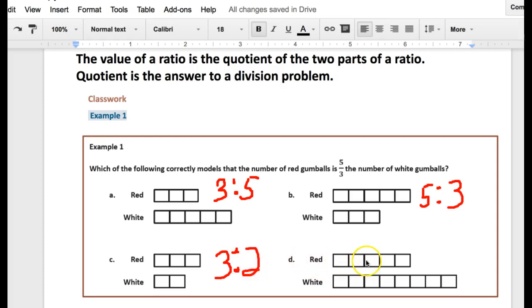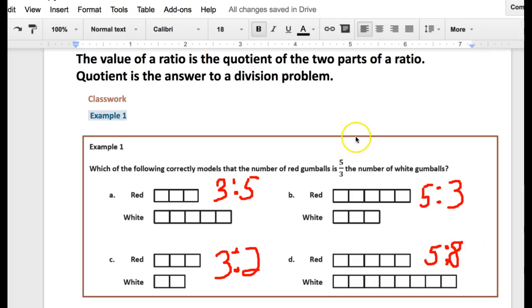And D says 5 to 1, 2, 3, 4, 5, 6, 7, 8. So 5 to 8.